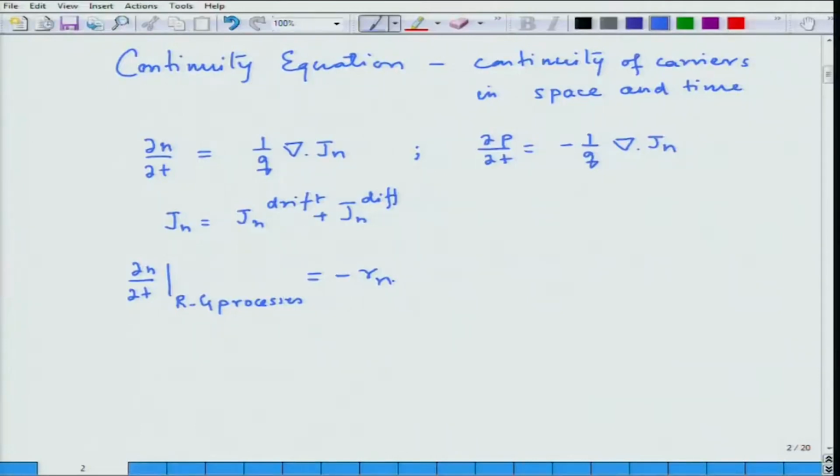So, we give it a symbol R n, and for the fourth term, which is a change in carrier concentration due to other processes, for most of the discussion in this course, we will limit it to only photo generation, which is given a symbol here as G L n. So, we limit other sources to only photo generation.